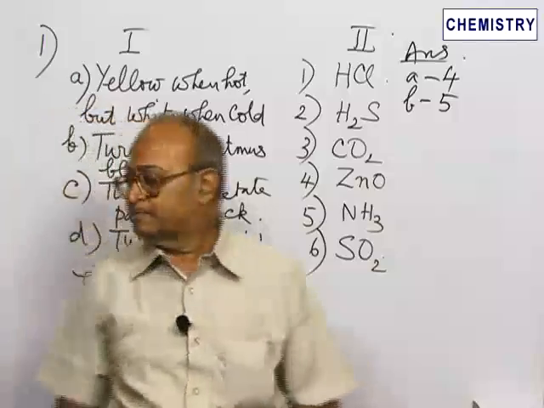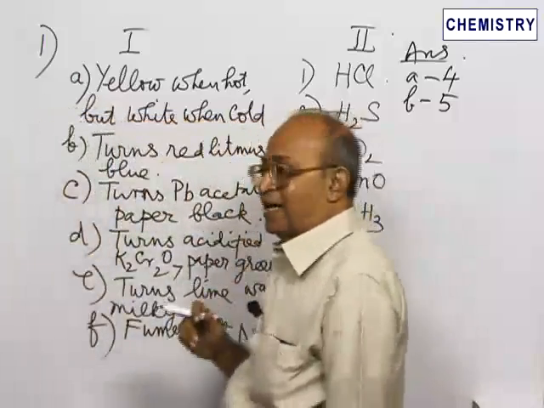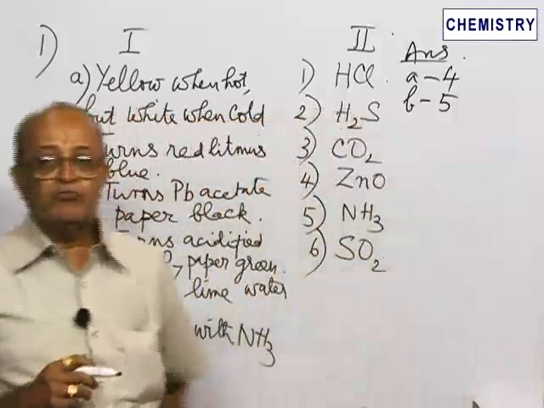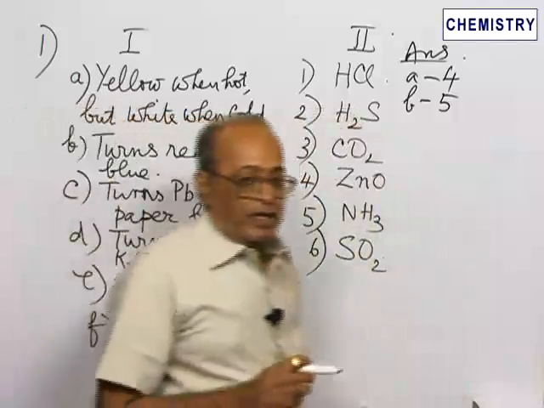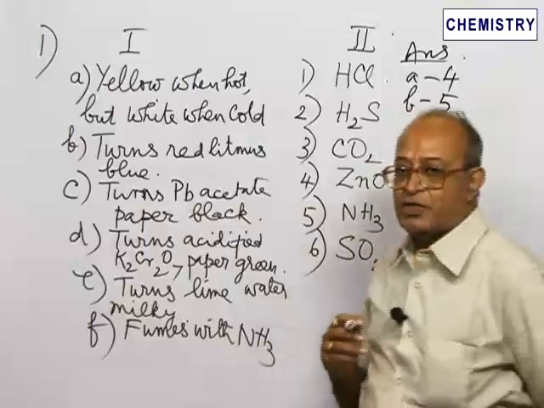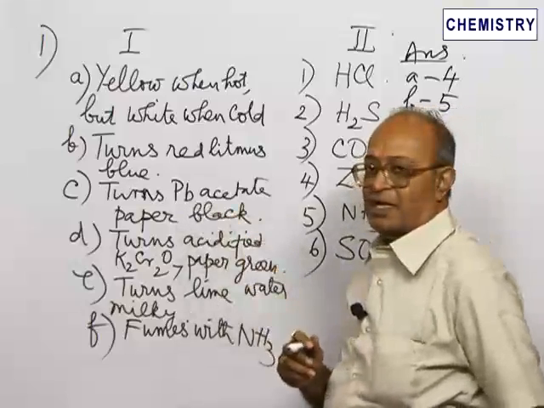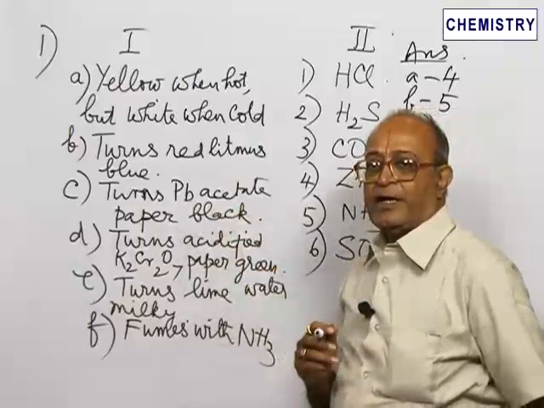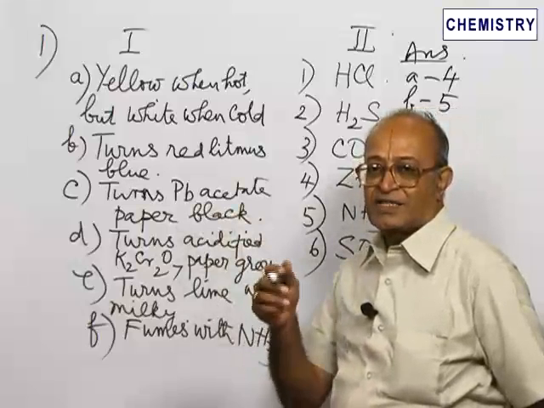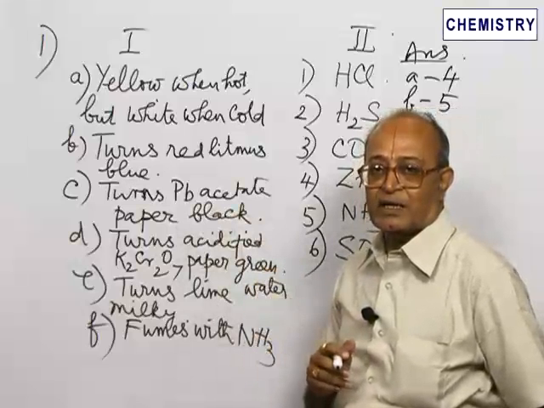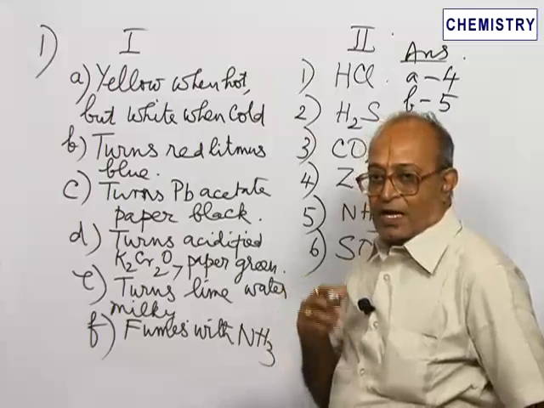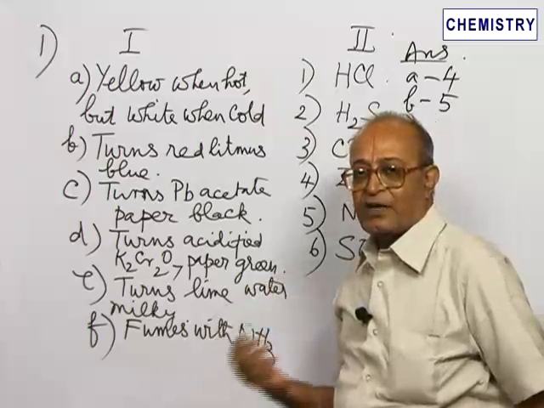Come to C, turns lead acetate paper black. A gas changing lead acetate paper black means it leads to the formation of lead sulfide, which is black in color. That means lead acetate is converted into lead sulfide.